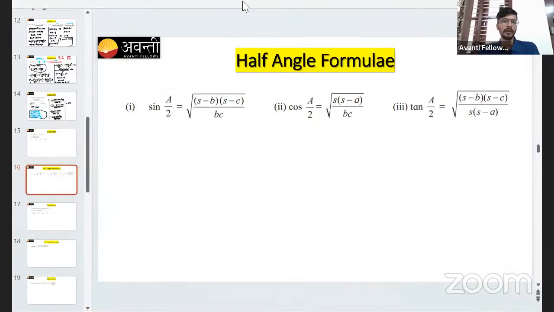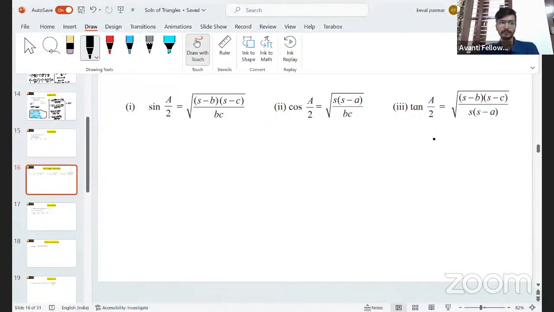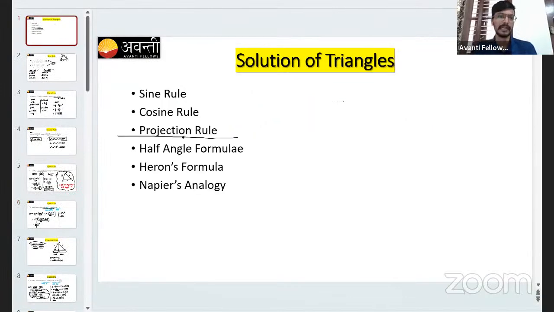So yesterday we completed the first three parts, and today we are going to do the last three parts, and after that we'll complete the chapter.